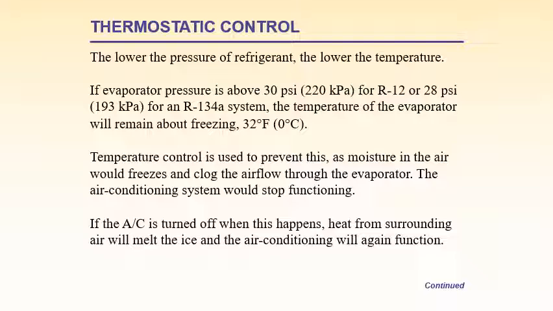So if we maintain 32 degrees Fahrenheit or 0 degrees centigrade inside our evaporator, what will happen? Naturally, the moisture particles will condense and there will be freezing of these moisture particles in the system. That is why this temperature control system is used.